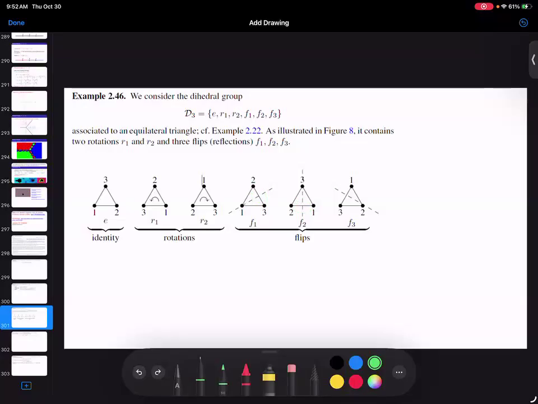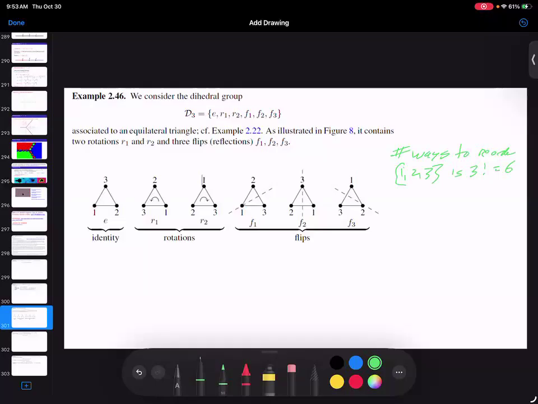None of them send the numbers 1, 2, 3 to the same new arrangement of 1, 2, 3. How many ways should you be able to reorder the numbers 1, 2, 3? 3 factorial. Good. 3 factorial, which is 6. So these are the 6 different ways.